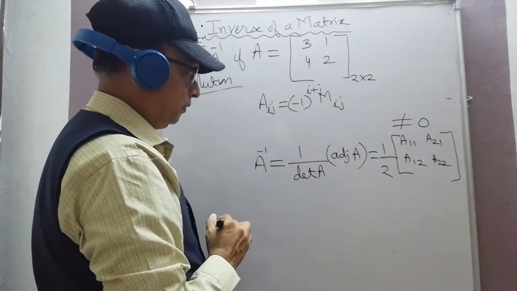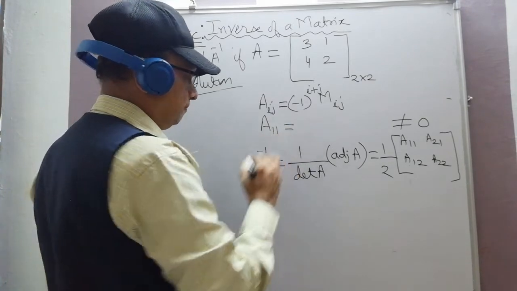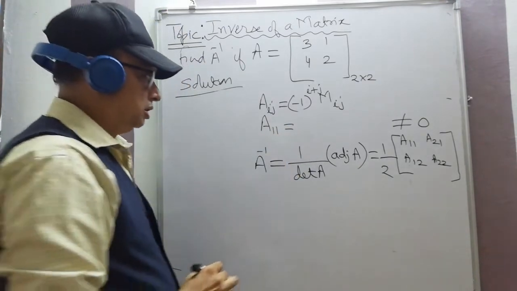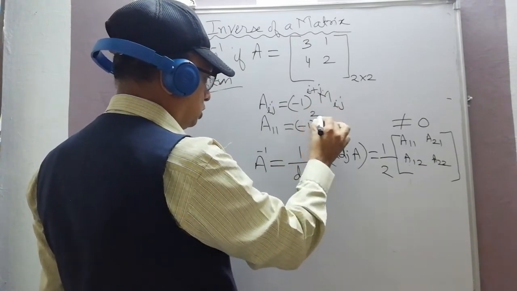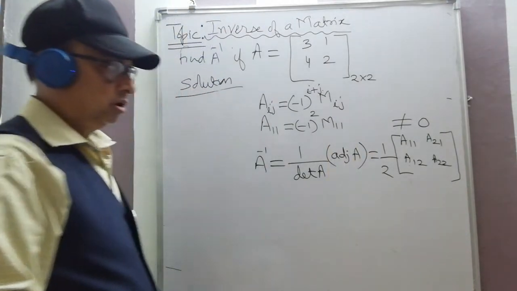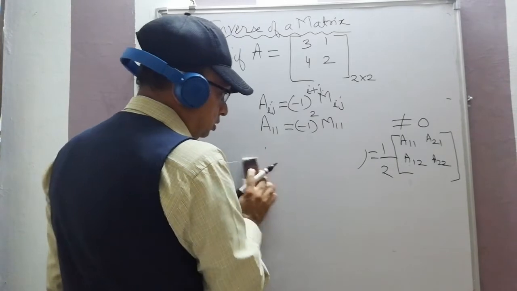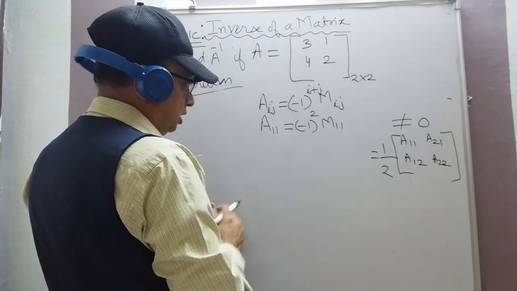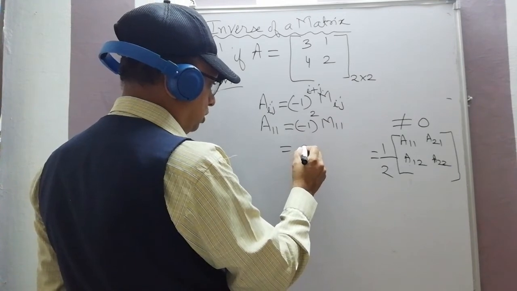Here I am finding cofactor. So first I am finding A11. A11 means it is minus 1 to the power 1 plus 1, so it is 2, M11. Okay. This will be equals to how much? It is minus 1 to the power 2, it is positive 1.